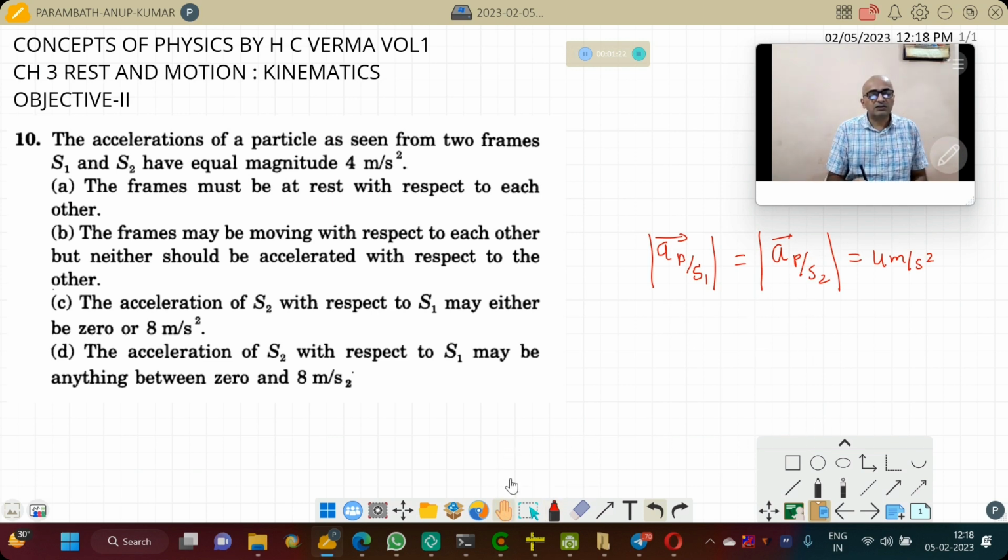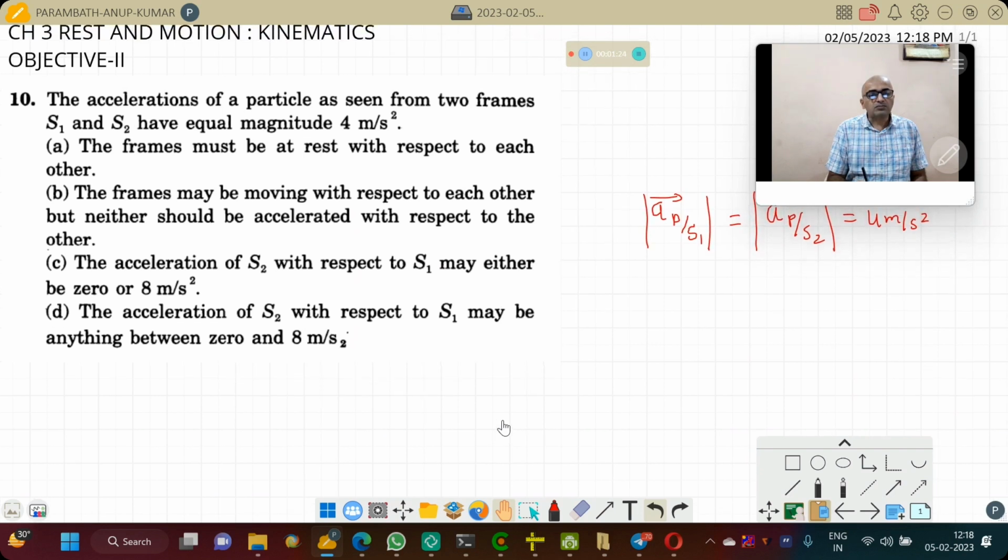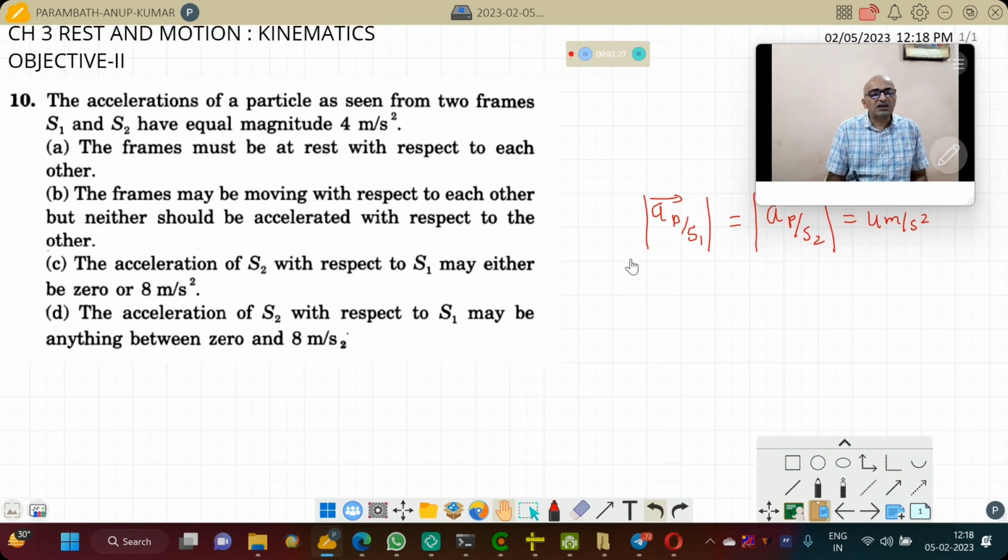Now students, option A says the frames must be at rest with respect to each other. We have to be 100% sure that they must be at rest, but it is not necessary.